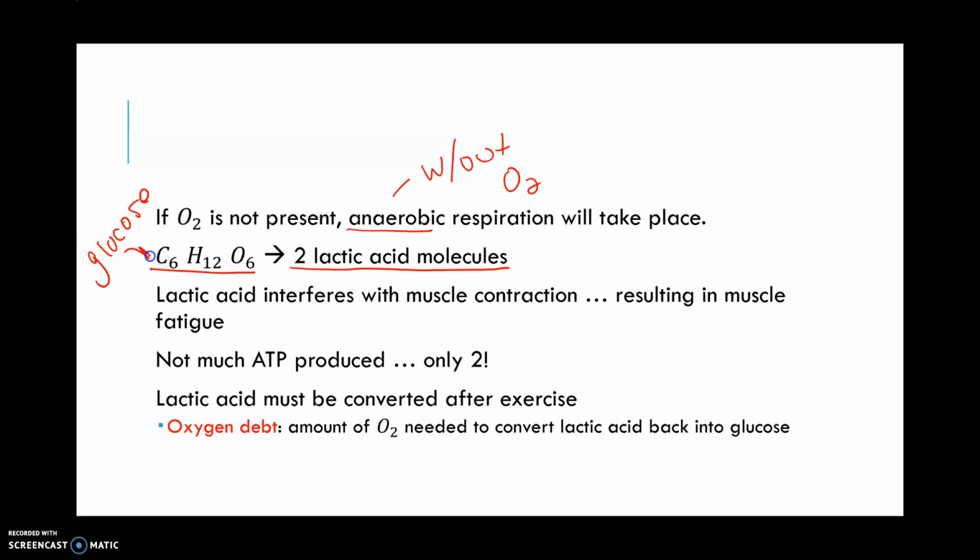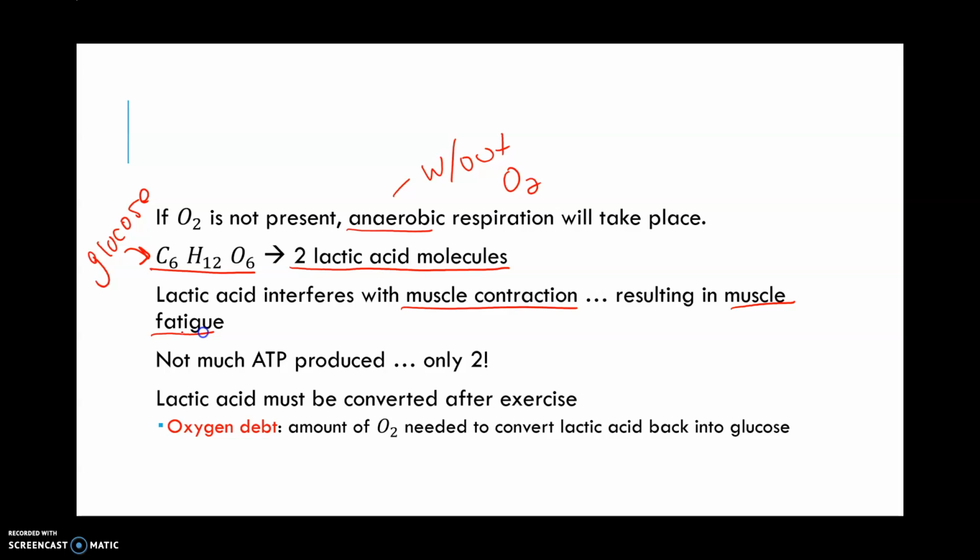Right there, glucose. So when we break down this glucose, instead of going into our citric acid cycle and making a lot of ATP, we're going to just do glycolysis, which is going to make this lactic acid, and that's going to interfere with our muscle contraction, making that muscle fatigue.